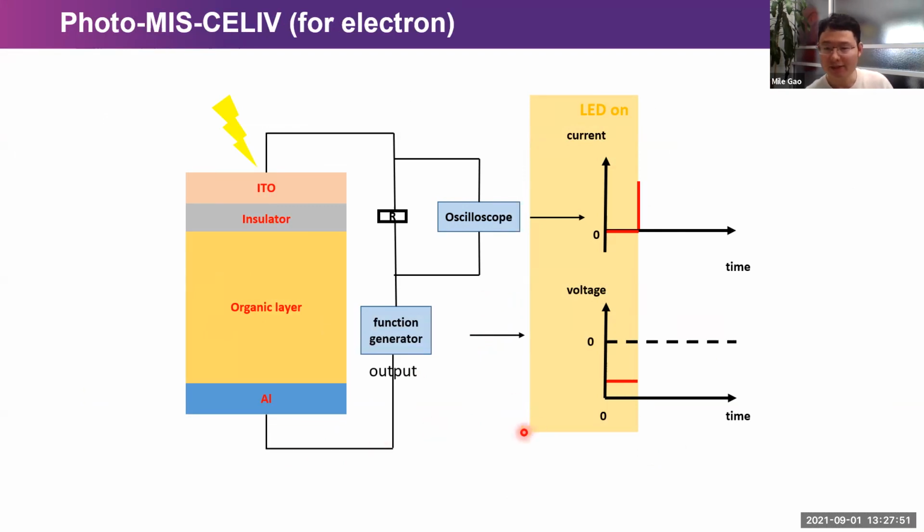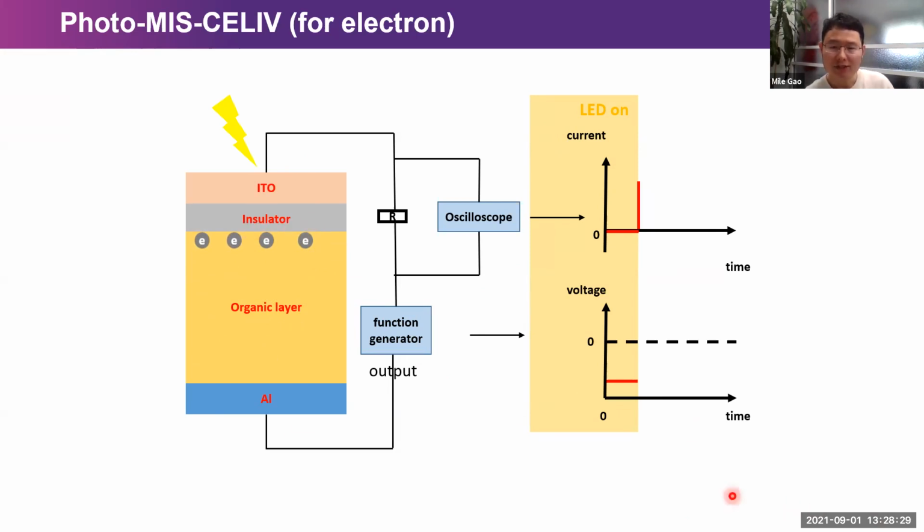The setup is quite similar, and the only difference is that a UV LED was introduced. In the case of an electron mobility measurement, the function generator was connected to the aluminum electrode, and a negative bias is then applied for the light duration period, which drives the photo-generated electrons to the insulator and organic semiconductor interface, and they will accumulate due to the charge blocking of the insulator.